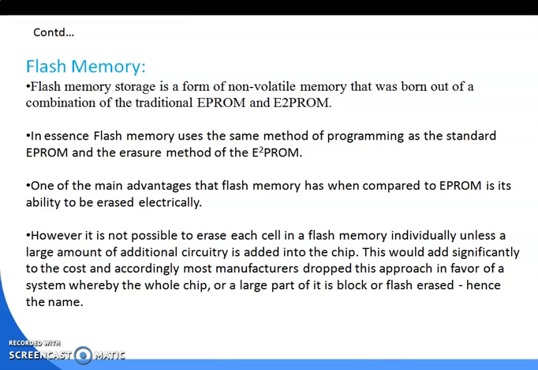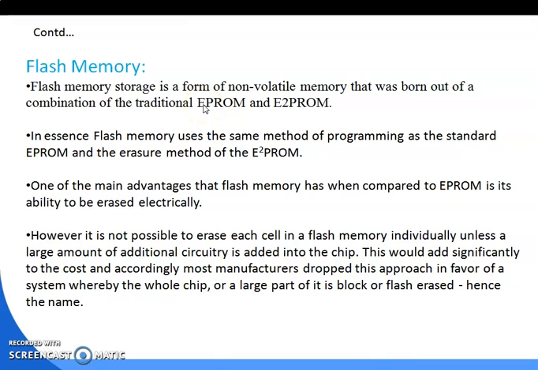So next we discuss flash memory. What is flash memory? Look, flash memory storage is a form of non-volatile memory that was born out of a combination of the traditional EPROM and EEPROM. EEPROM means electrically erasable programmable read-only memory, and EPROM means erasable programmable read-only memory.